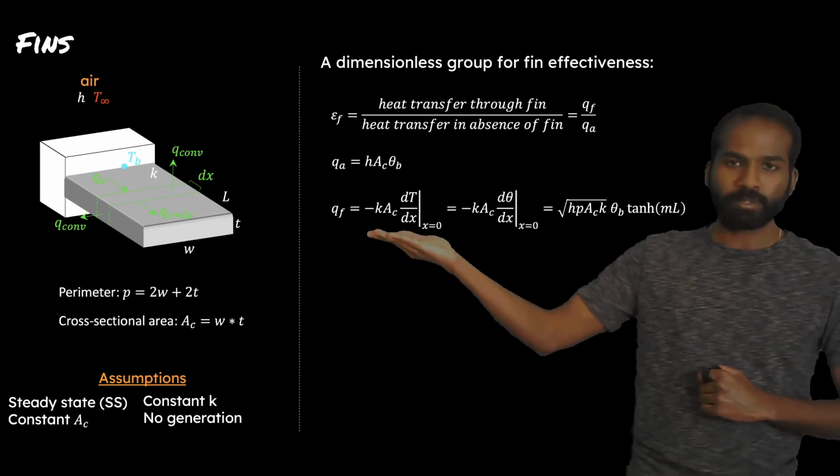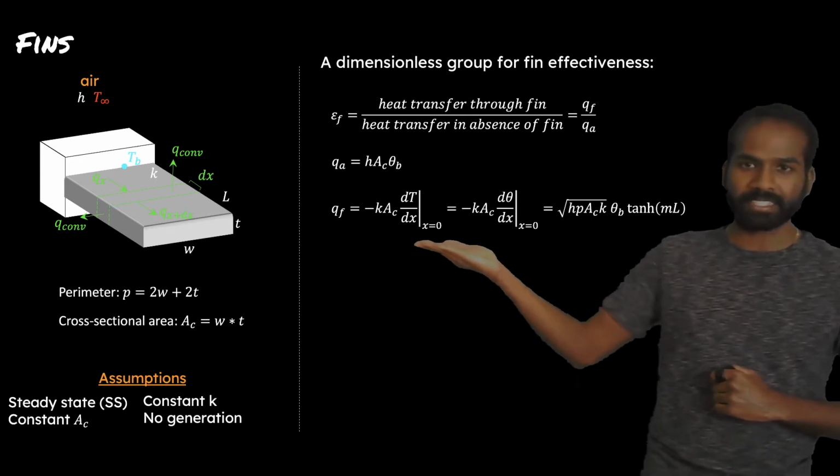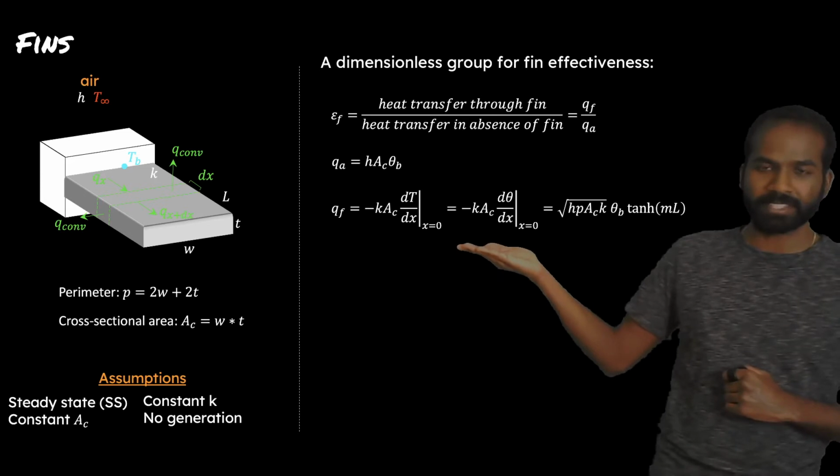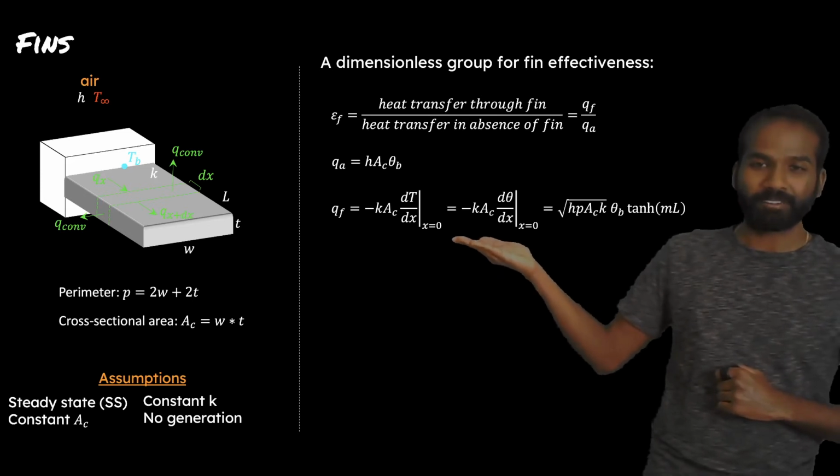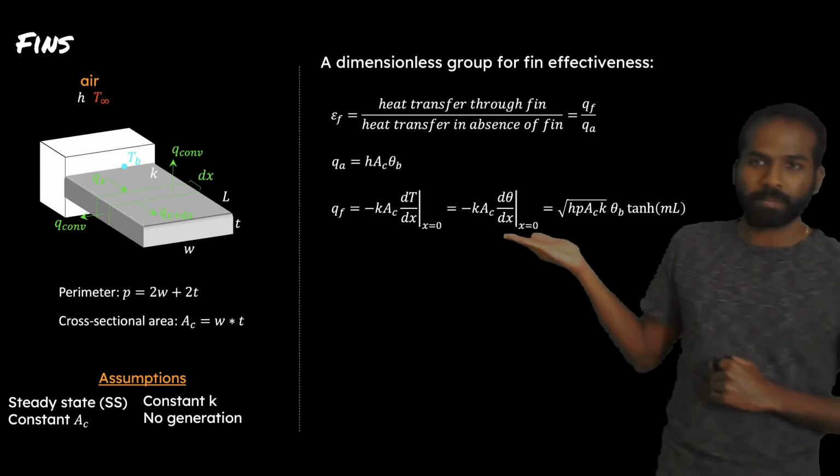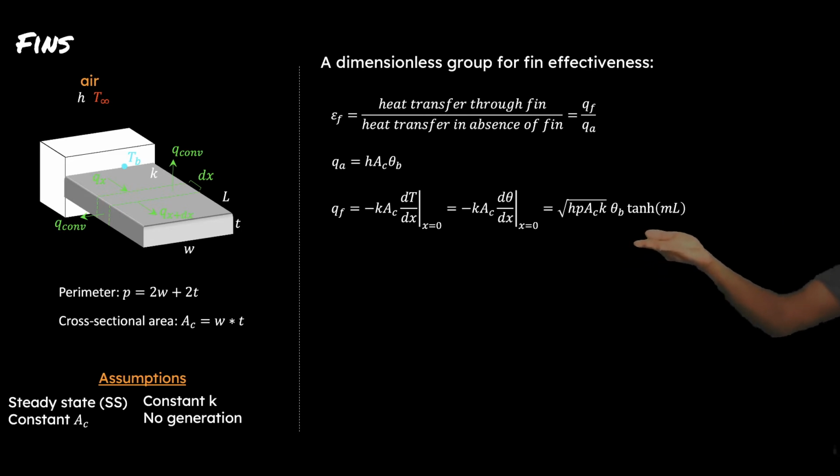We can plug in for T with the excess temperature theta, obtaining this. Now we can make use of our solution for theta, and we obtain this as our final answer.